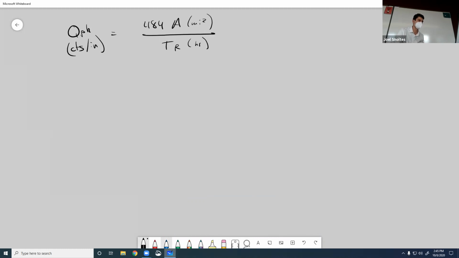This 484 number is from all that unit conversion we did to bring in area. It's called the peak rate factor.